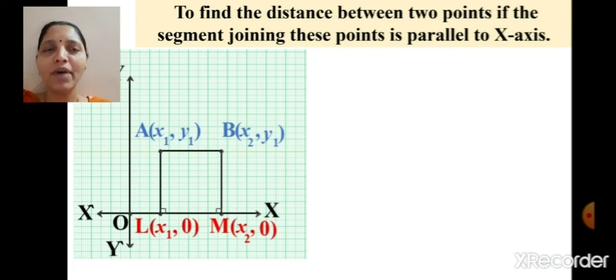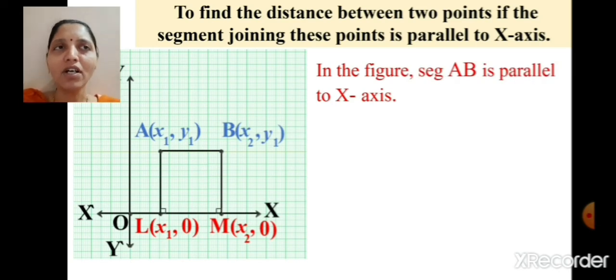This point M has coordinates x2, 0 and L has coordinates x1, 0, because point L lies on the x-axis, so its y coordinate will be 0. Similarly, point M is also lying on the x-axis, so its y coordinate will be 0. The x coordinates are x1 and x2, and since we have drawn perpendicular lines, this coordinate will also be x2.